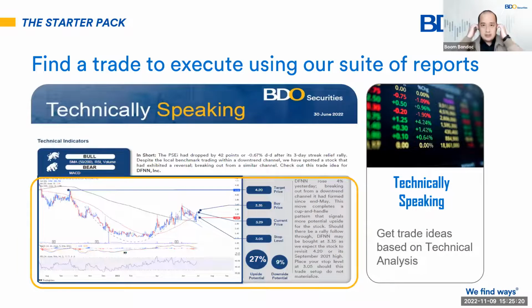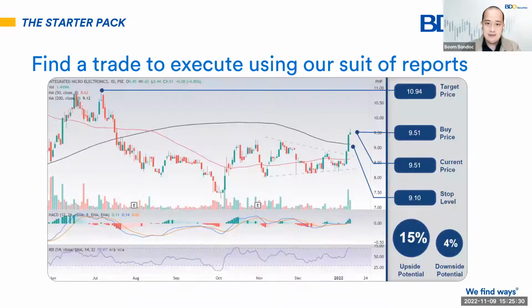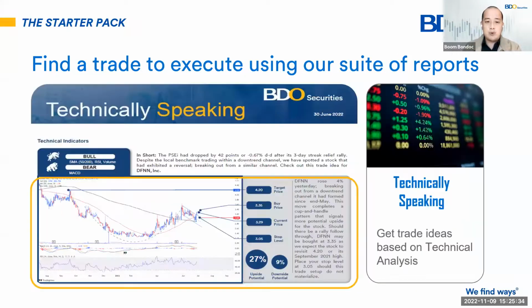The next one, again, one of the reports that we're very proud of is Technically Speaking. So what's good about this report? Let me zoom in. I think the next slide zooms it in further. There you go. What's good about the Technically Speaking report is that, based on technicals, we look at certain stocks that we think would be favorable to our clients. What do I mean by that?